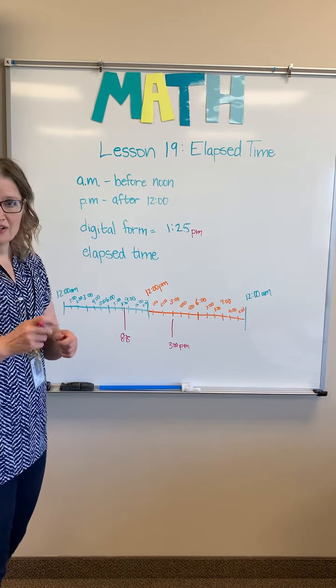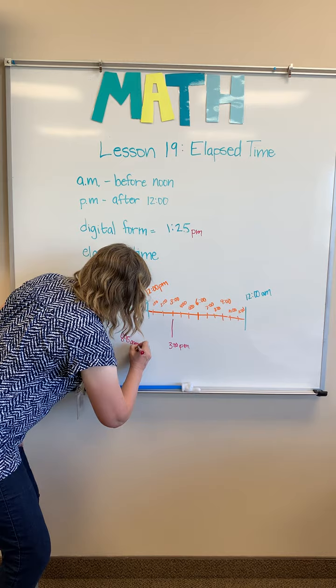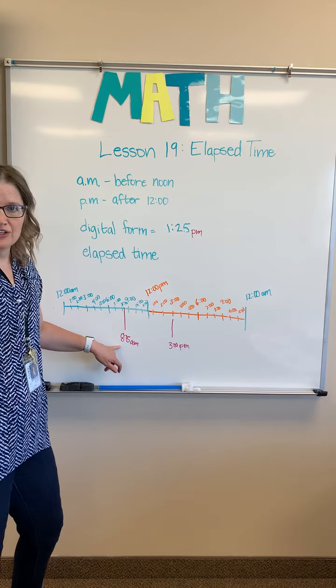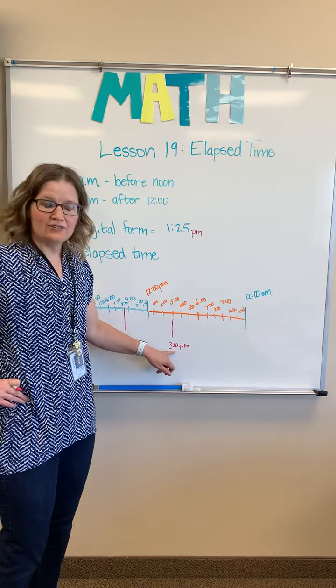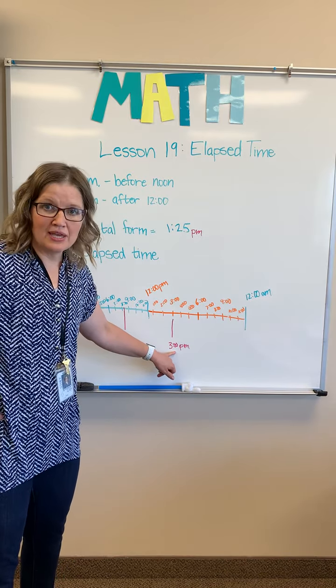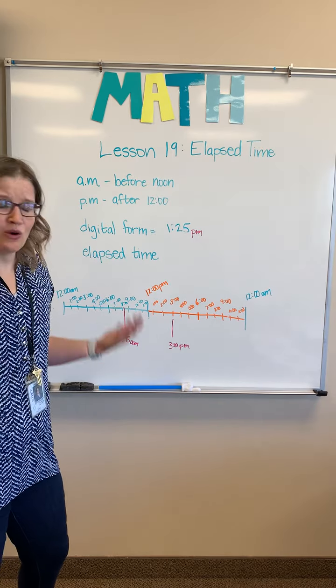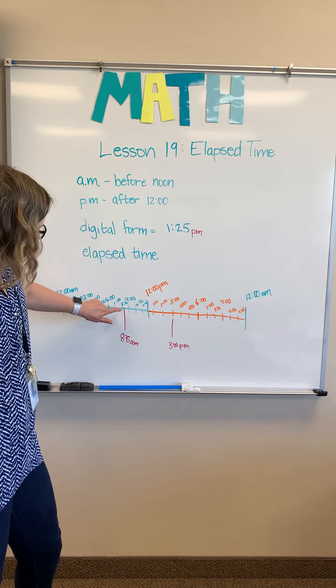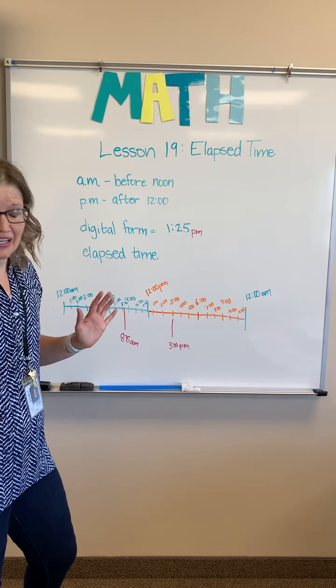Ooh, Mrs. Daw forgot to put in AM. We start school here at Jefferson at 8:15 a.m. and we get out of school at 3 p.m. So we have to ask ourselves, how long are we in school? Because we don't start right at 8, it's just a little bit tricky.